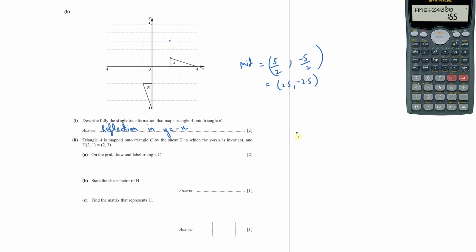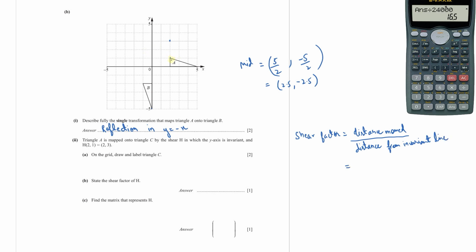So we know that the shear factor of a shear is what? Distance moved by the point divided by distance from the invariant line.